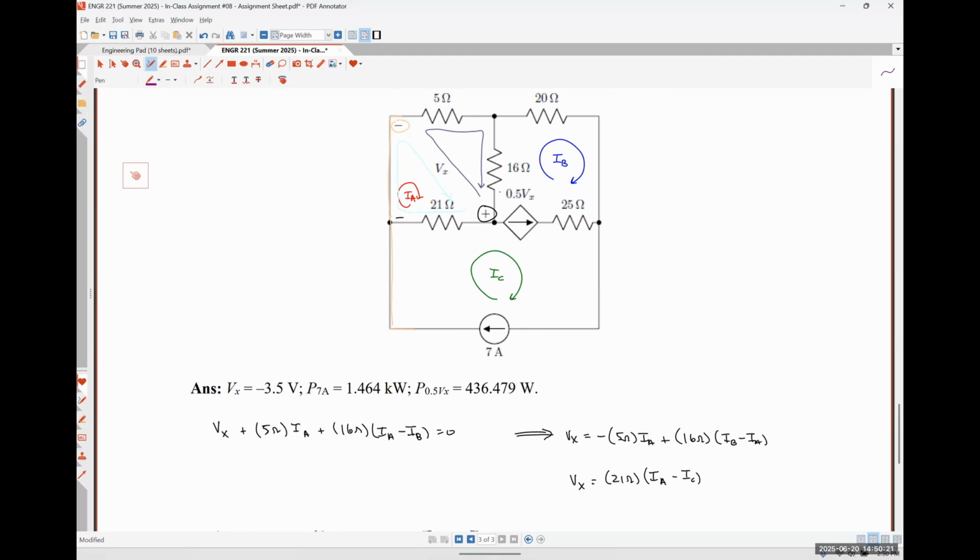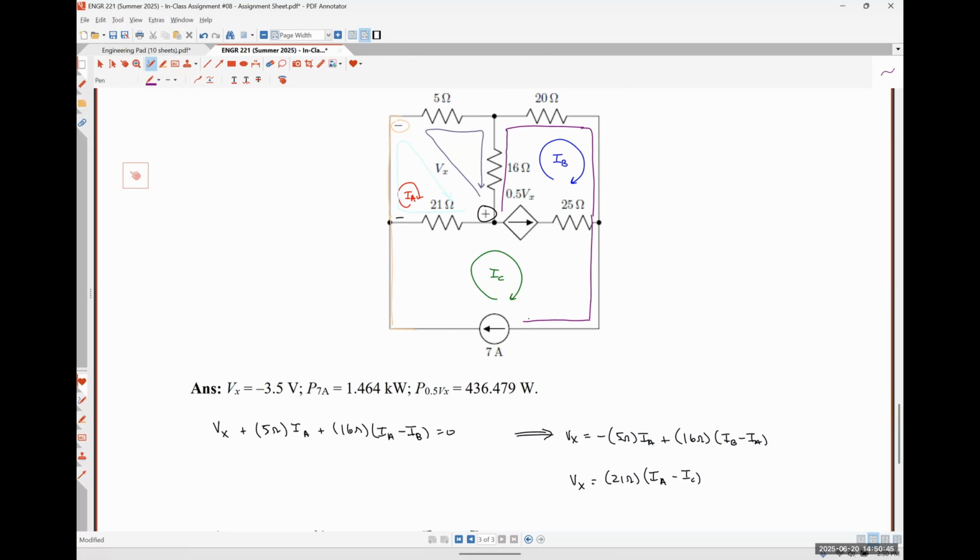So in our previous example, we simply combined meshes B and C together. So going around mesh B, like so, we can't go through that path that contains the current source, so we would keep on going down here, and well, I hit another current source.